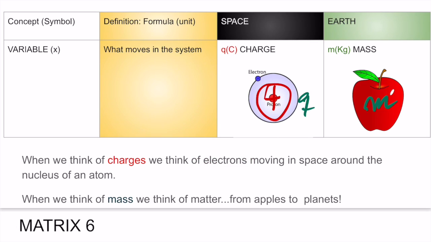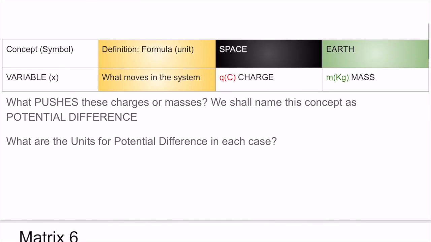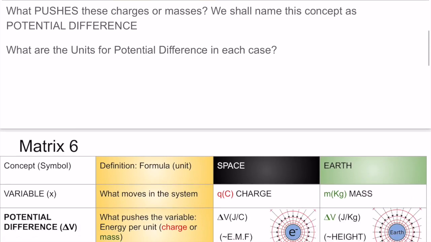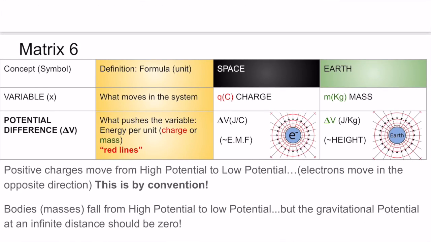When we think of mass, we think about apples, planets, anything that has matter. So this is the new matrix, right? Something moves because something pushes, and we know what pushes. The potential difference pushes.